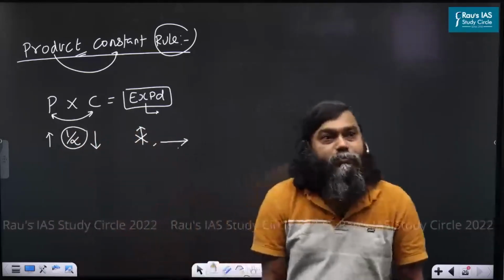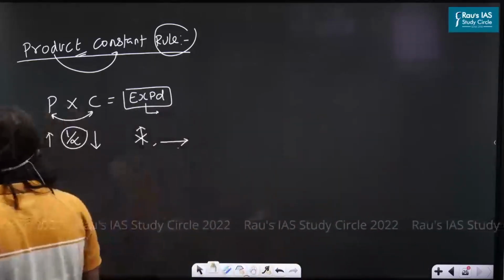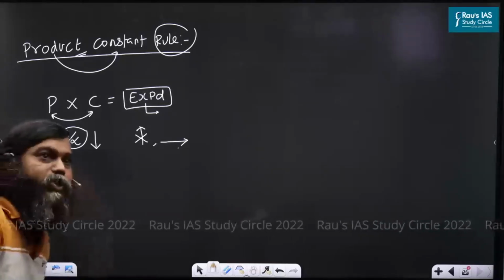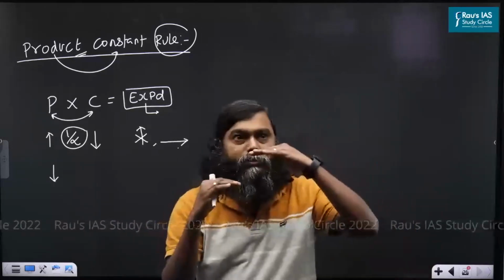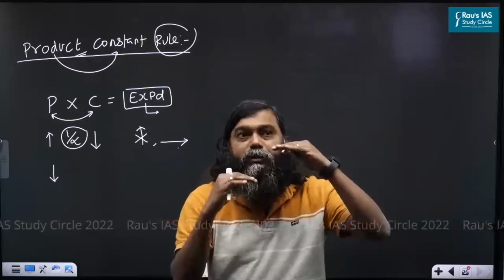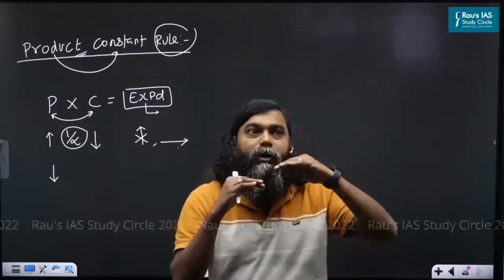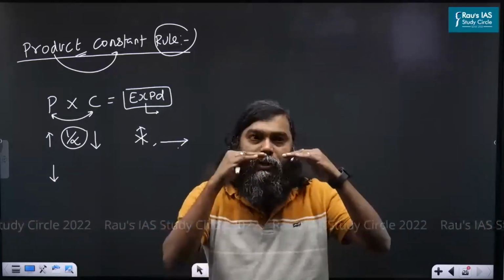Are you all getting this? For example, next month I go to the shopkeeper and the shopkeeper says the price is decreasing. If I consume the same quantity, my expenditure is going to decrease. But I am not interested to decrease my expenditure. What does it mean? Whatever expenditure I spent earlier, the same expenditure only I am ready to spend.